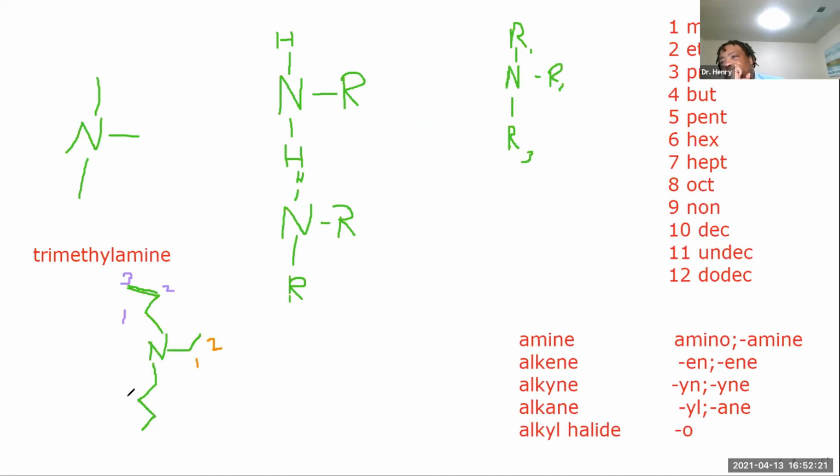This guy is 1, 2, 3, 4. So if we went alphabetically, this guy is prop, this guy is but, this guy is eth.